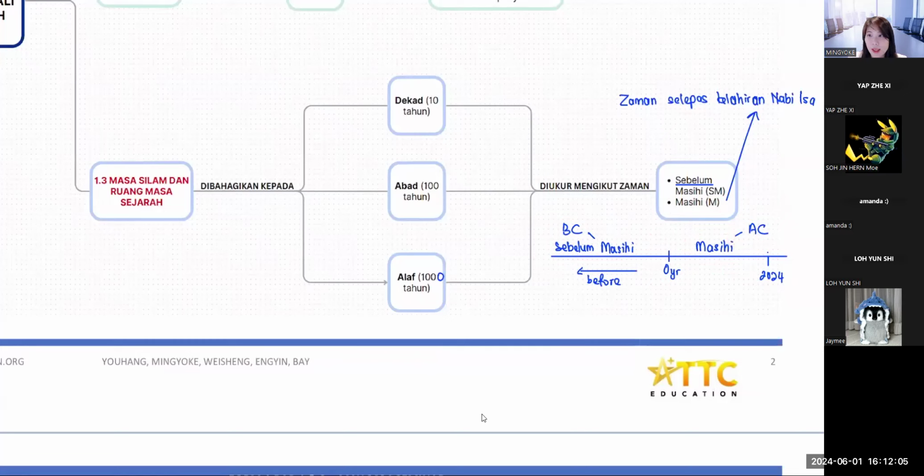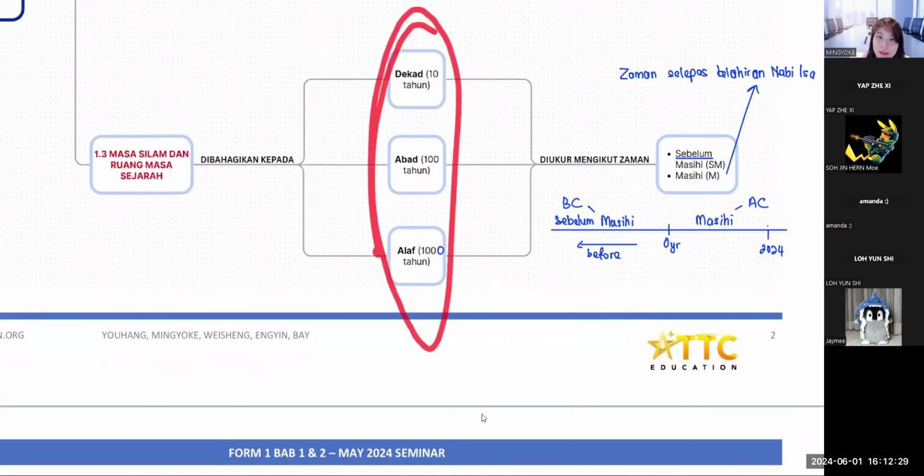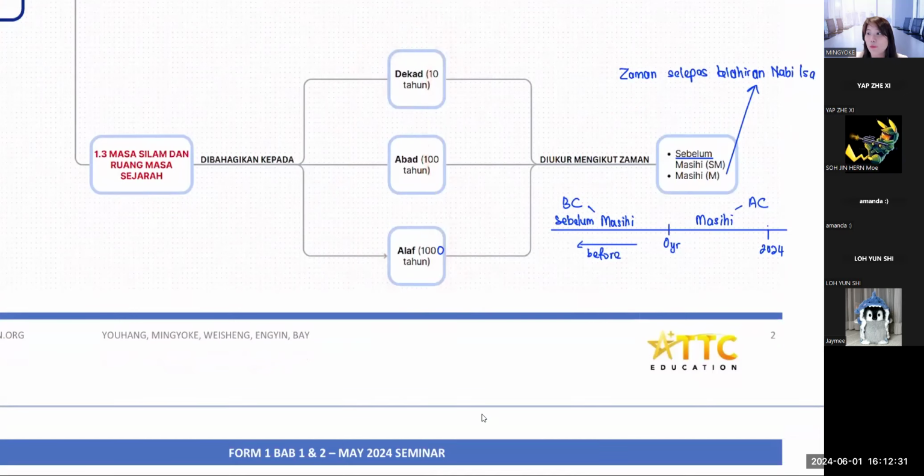You understand? So if they ask you, apakah itu Masehi? You can say zaman selepas kelahiran Nabi Isa. Or tahun-tahun selepas kelahiran Nabi Isa. If you don't write zaman, you can write tahun-tahun. Sebelum also the same. You change the selepas to sebelum. You understand? Yeah, so easy only. And you may say that, teacher, then this decade abad alaf, when do we use it?